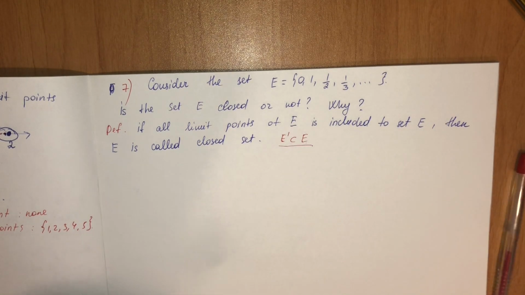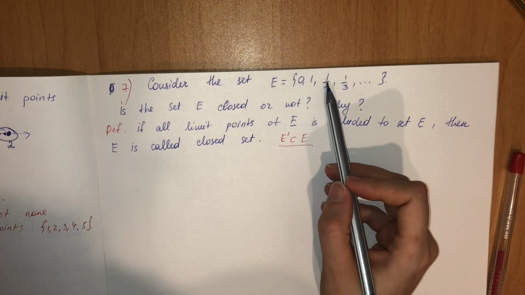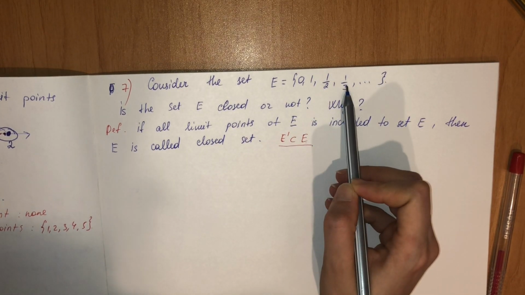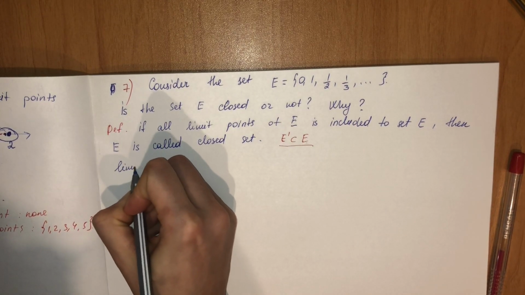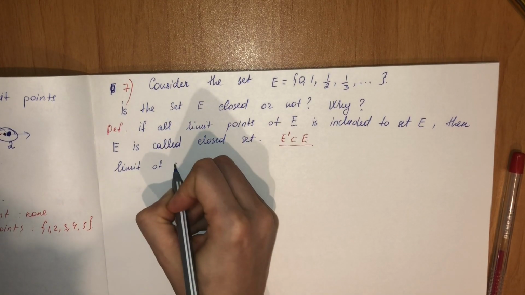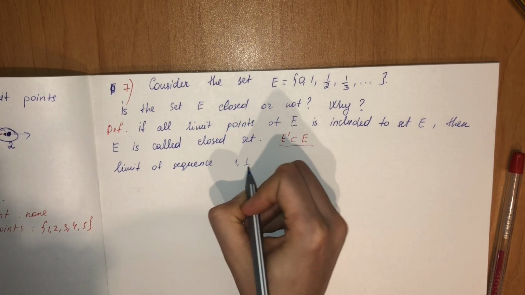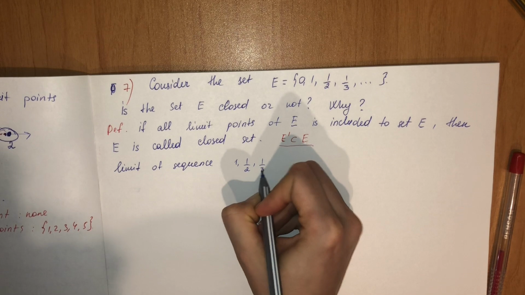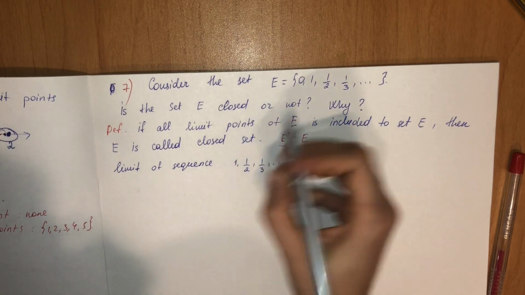And let's find the limit point of the sequence 1, 1 over 2, 1 over 3, and so on. The limit of this sequence is 0. Yes?